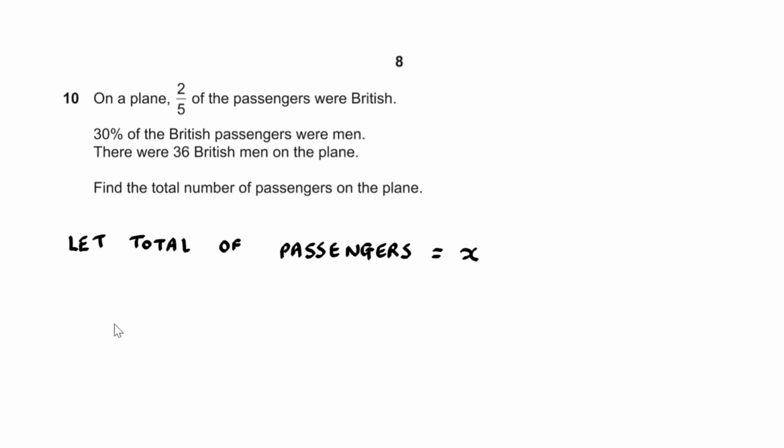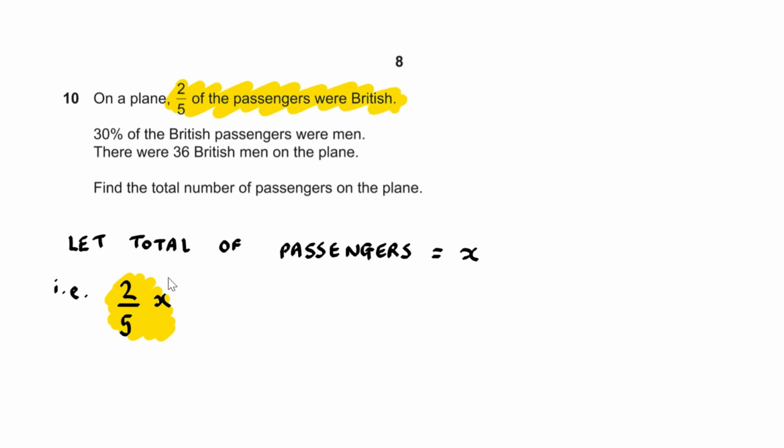Well, we begin by letting the total number of passengers equal x. So of those passengers, we have 2/5 who are British. So we've got 2/5 x. This 2/5 x would represent the number of British passengers on the plane.